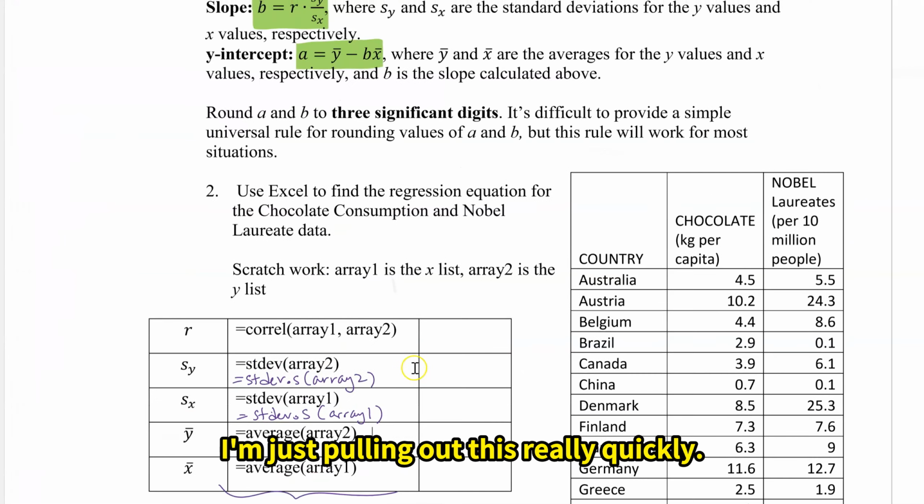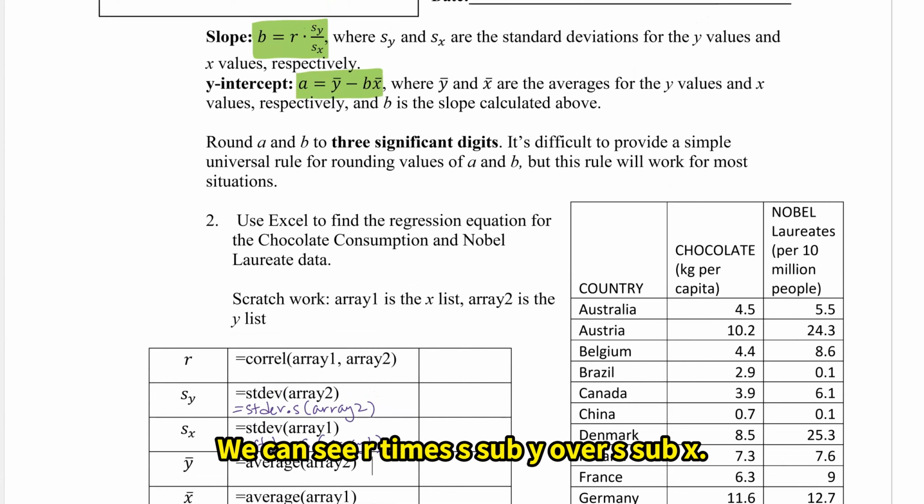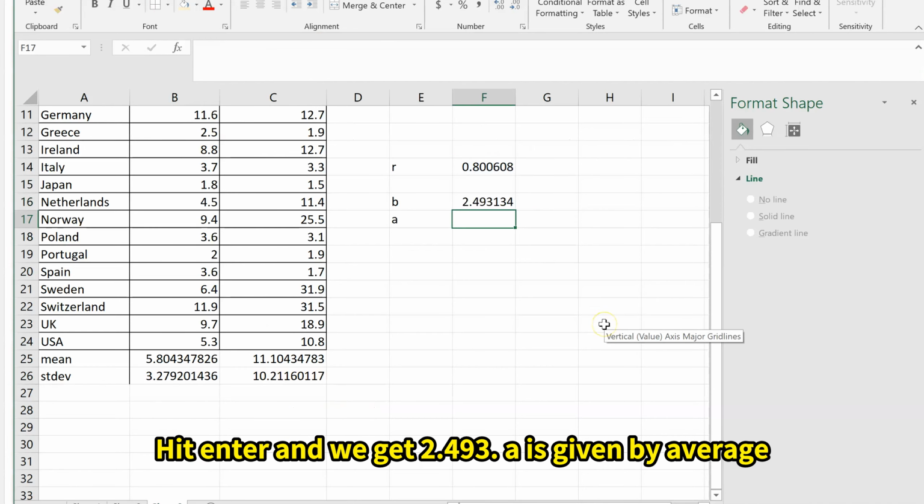I'm just pulling up this really quickly. We can see r times s sub y over s sub x. Hit enter and we get 2.493.